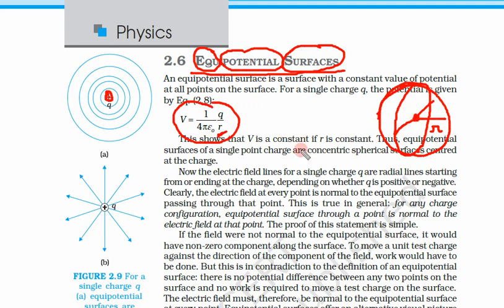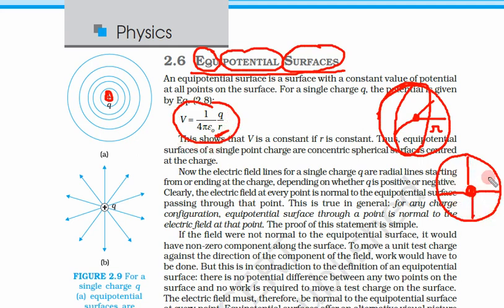Just understand this again. Suppose this is our point charge, and we make a circle around it. At this circle, the r distance is same everywhere. So potential depends only on distance r.